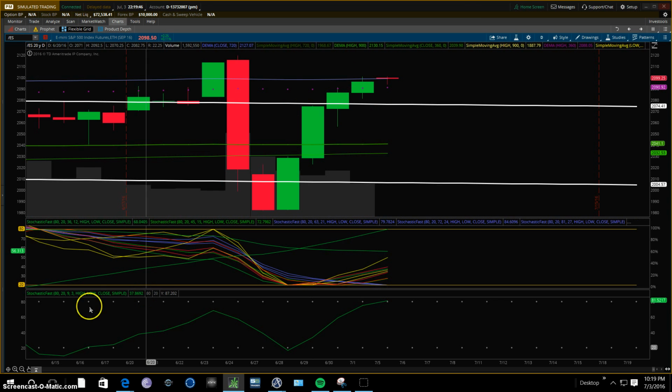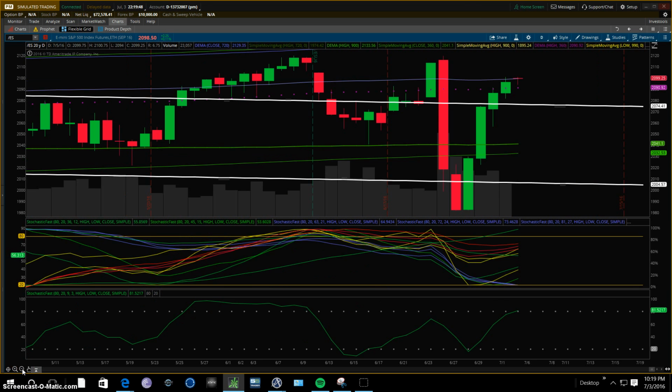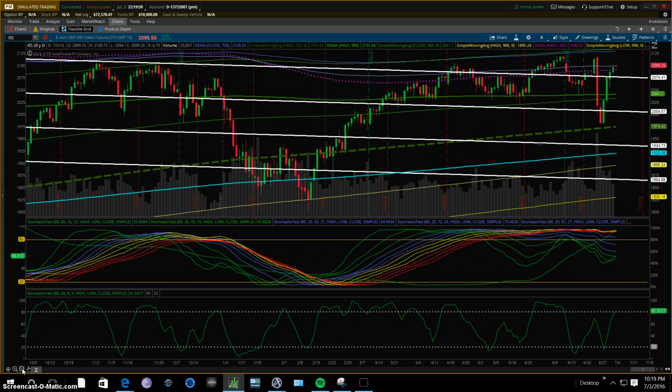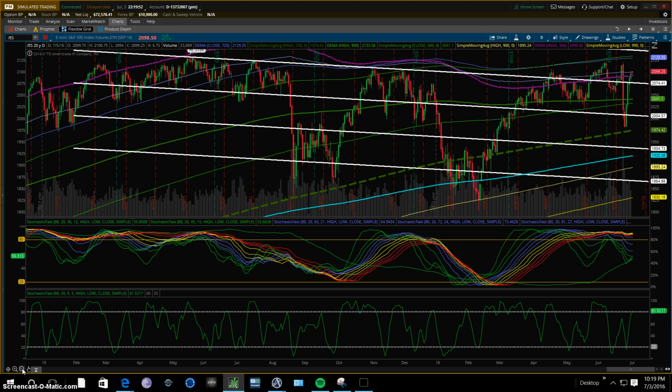So, being holidays and stuff, I'm not expecting much of a move, but if you do make it up to the 2106 area, looks like a good shorting opportunity for the shorter term at least, but you never know.